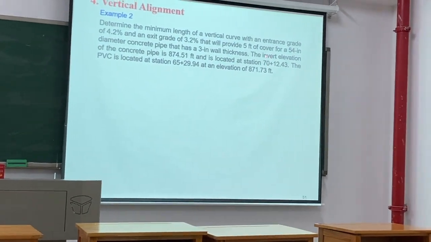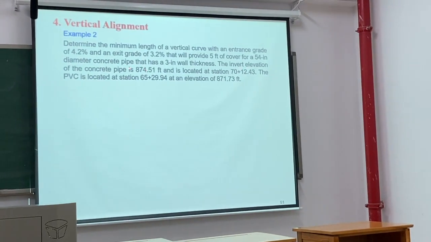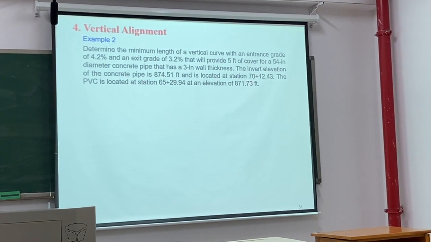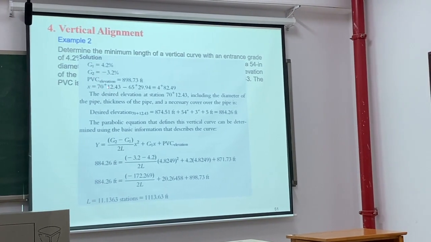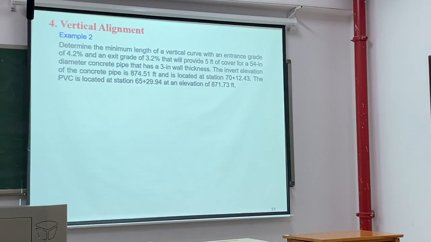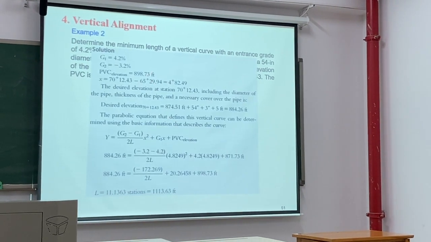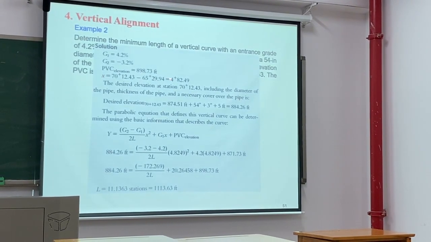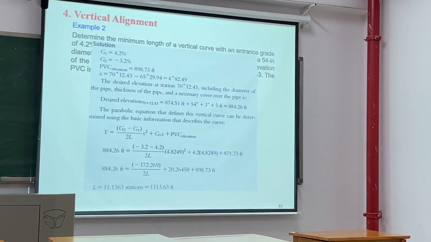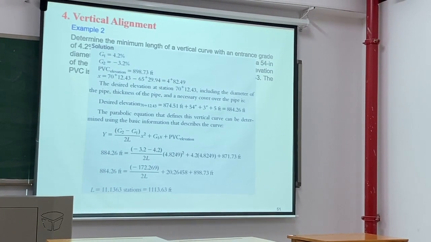The invert elevation of the pipe located at the station is this, and this PVC is this. So we can get the x station.